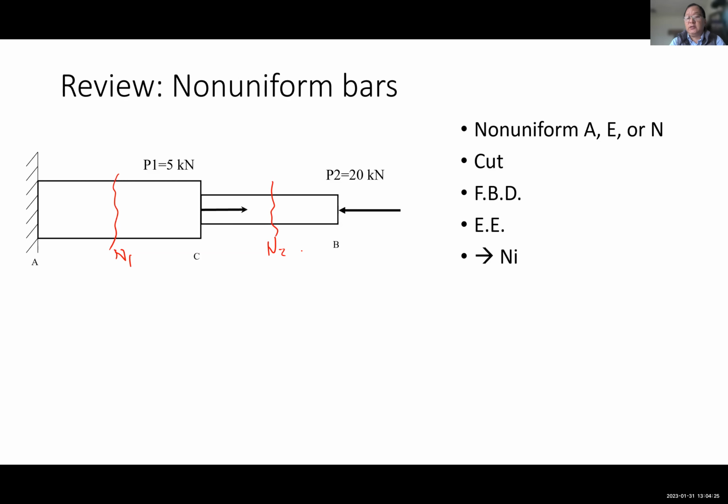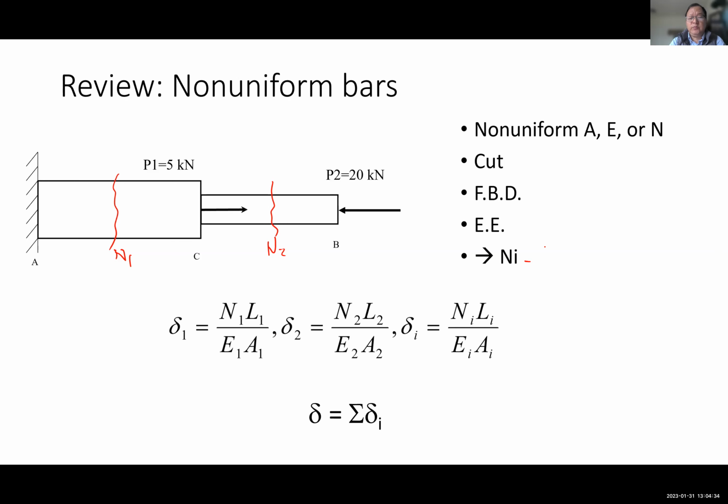Then you can find out the Ni. Once you have Ni, the elongation of each bar is uniform, so you can use the uniform equation we got last time. You calculate the elongation of each one and add all of them together. That's how we determine the total elongation. So the key is: make the cut, draw the free body diagram, and write the equation.